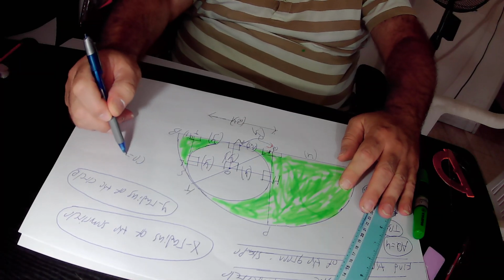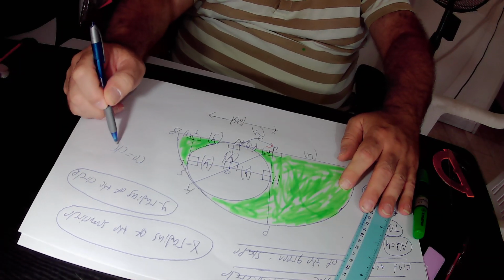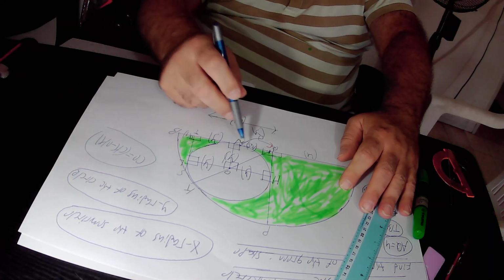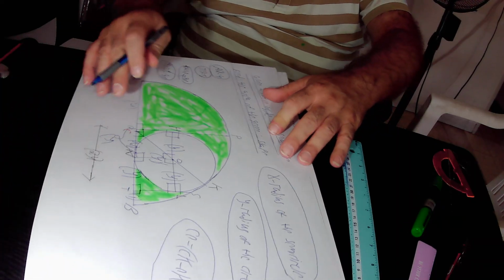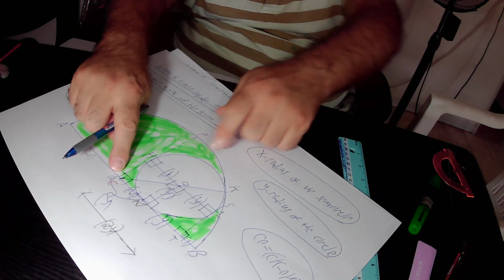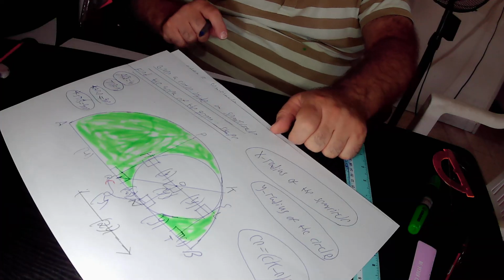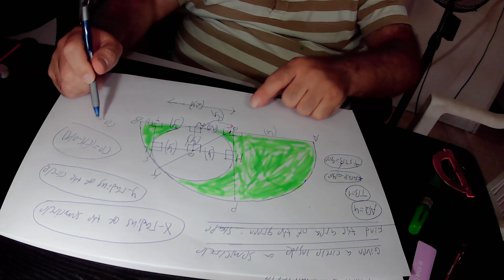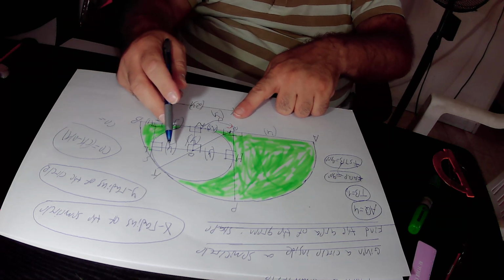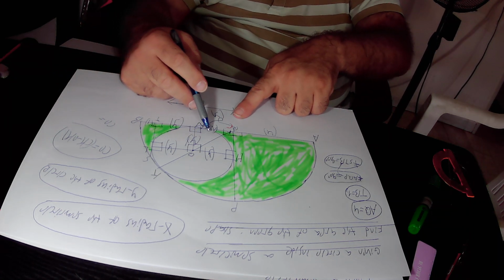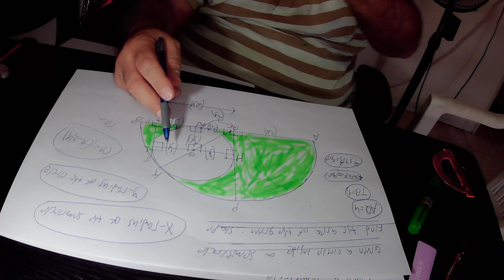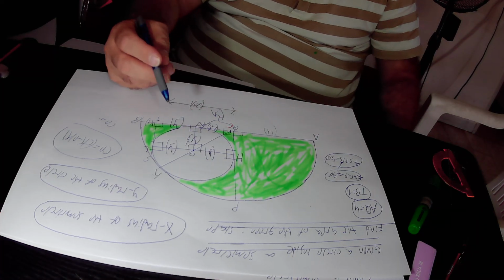CO equals CK minus OK. Again, the missing side CO is equal to CK minus OK. CK is the radius of this semicircle, that equals x, because it starts from point C, the center of the semicircle, and ends at point K, a point on the semicircle itself.